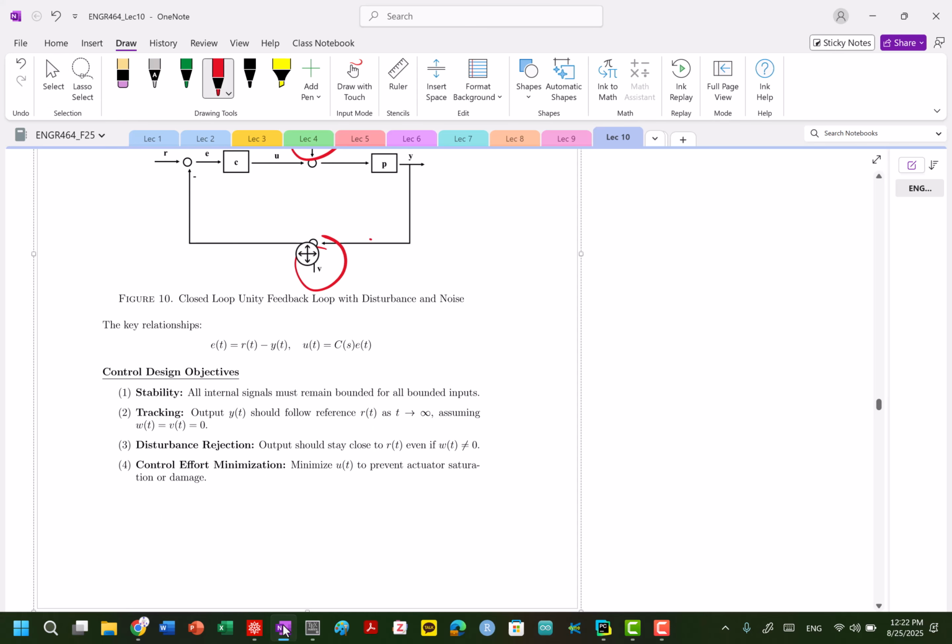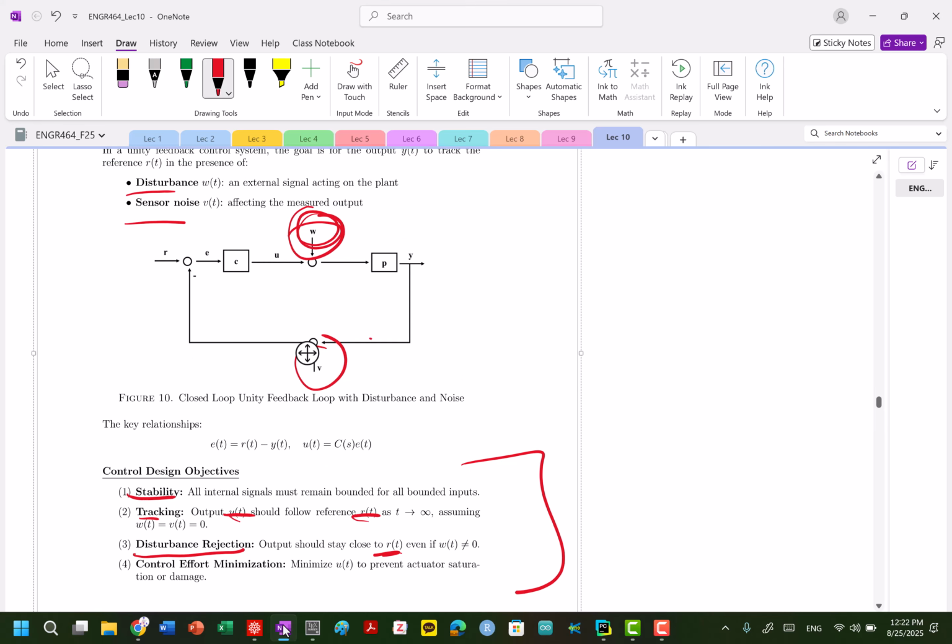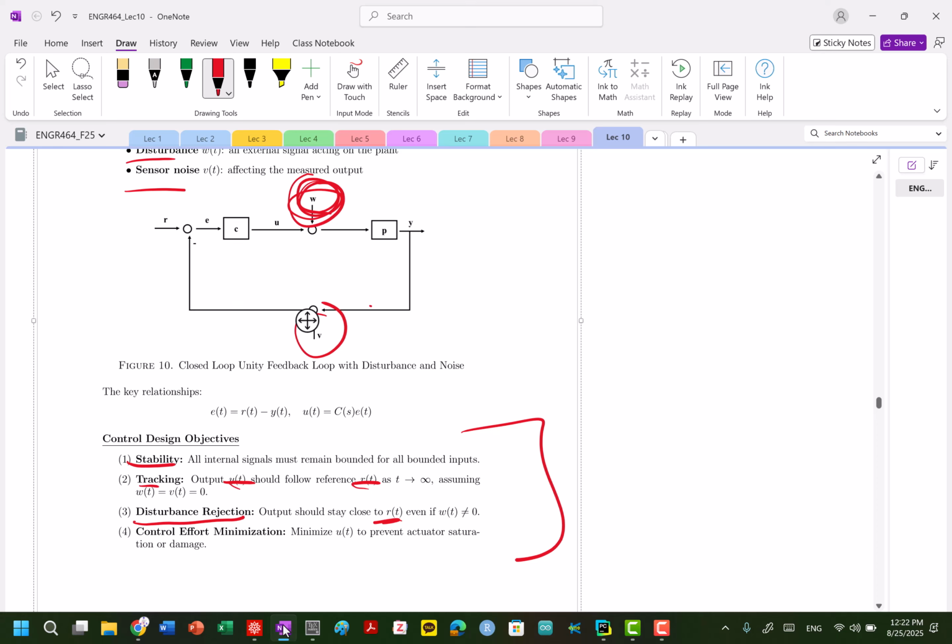And again, our objectives always have to be: we need to be stable, track, which means Y should follow reference, and disturbance rejection. So we should stay close to R of t even if we do have some disturbances. And we need to minimize U of t to prevent damage. This is our control command.